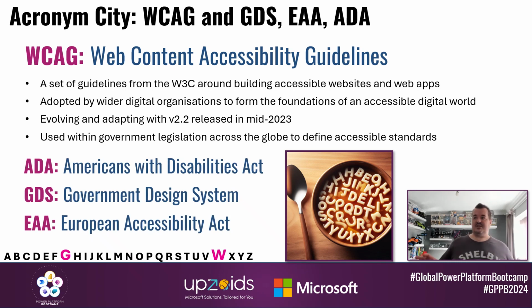Some of the legislation that incorporates WCAG, you've got the Americans with Disabilities Act and some of the sub elements of that. In the UK, we have the government design system, which defines how websites and apps within government, local government and government bodies and organisations have to look. We've got much more coming in the UK on that one, as have the Europeans.